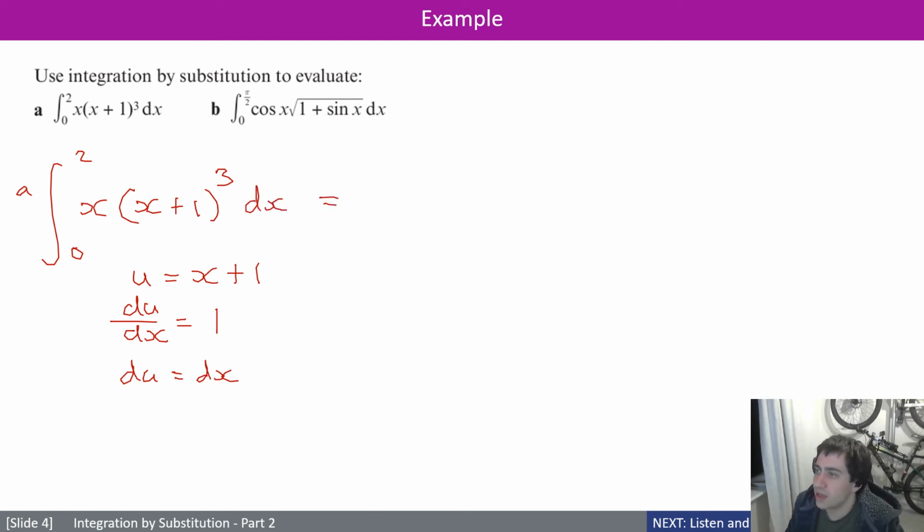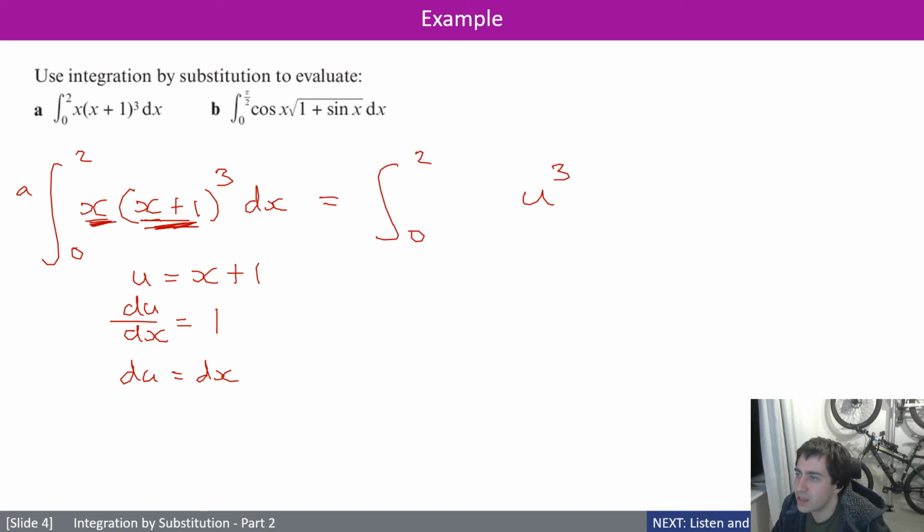So then let's rewrite this as the integral from 0 to 2, and I'm going to change these x's first. This x plus 1 is just u, and then cubed, and then this x here is actually u minus 1, right?